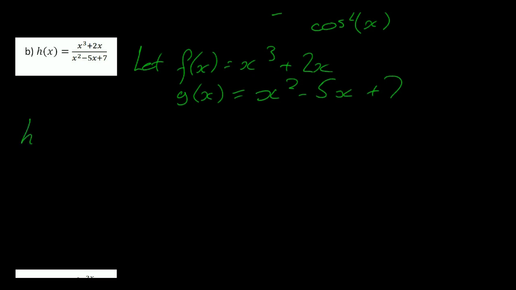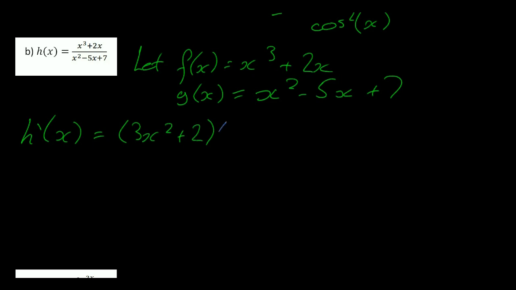Okay, so when you figure out what h dash is, remember, we're going to differentiate the top first. So f dash over here is going to be 3x squared plus 2, and we're going to leave g of x.